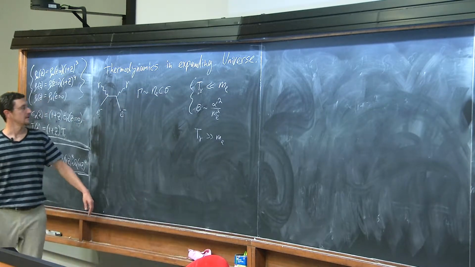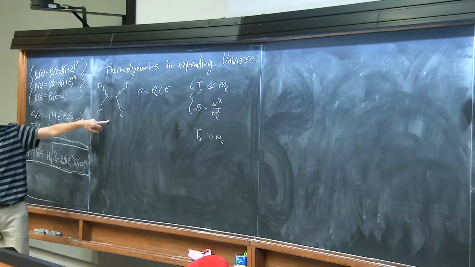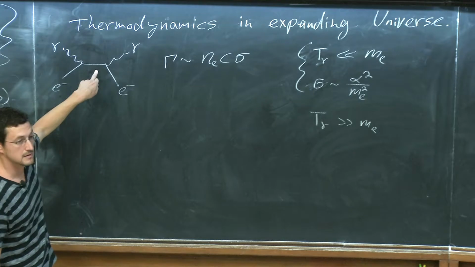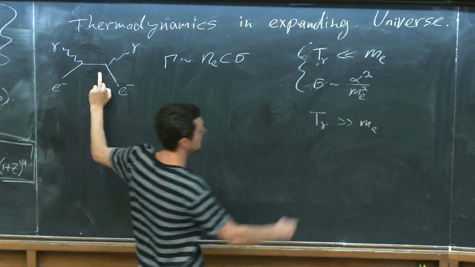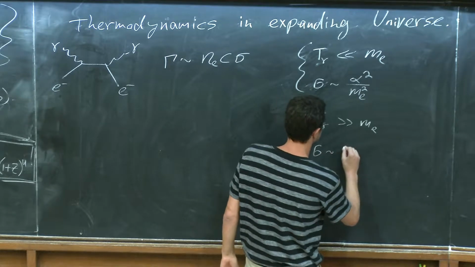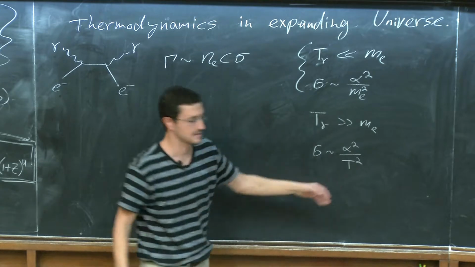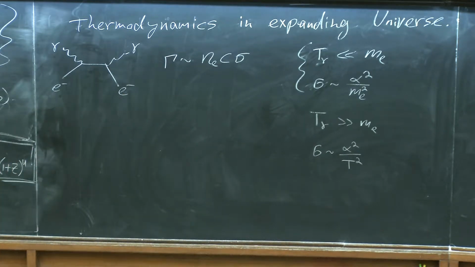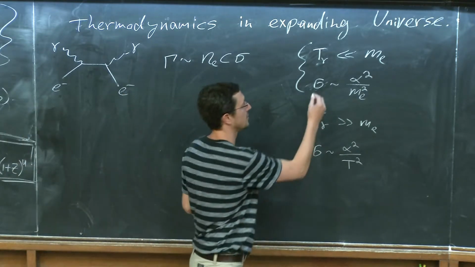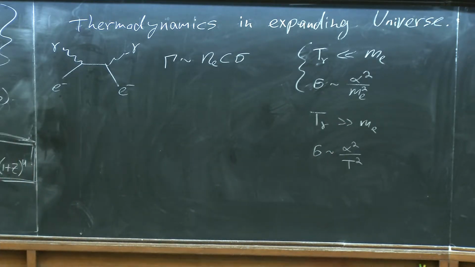When this happens, the typical Q squared flowing in this propagator is larger than me squared, and what I need to take is the energy going in here. In this case, my cross-section has to scale parametrically like alpha squared over T squared, where T is the typical energy flowing in this propagator, because cross-section has units of centimeters squared or 1 over energy squared in natural units.